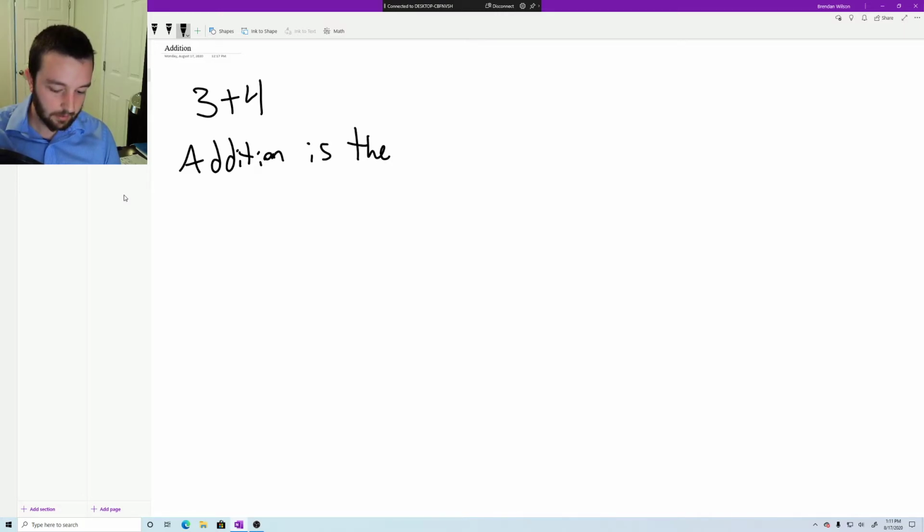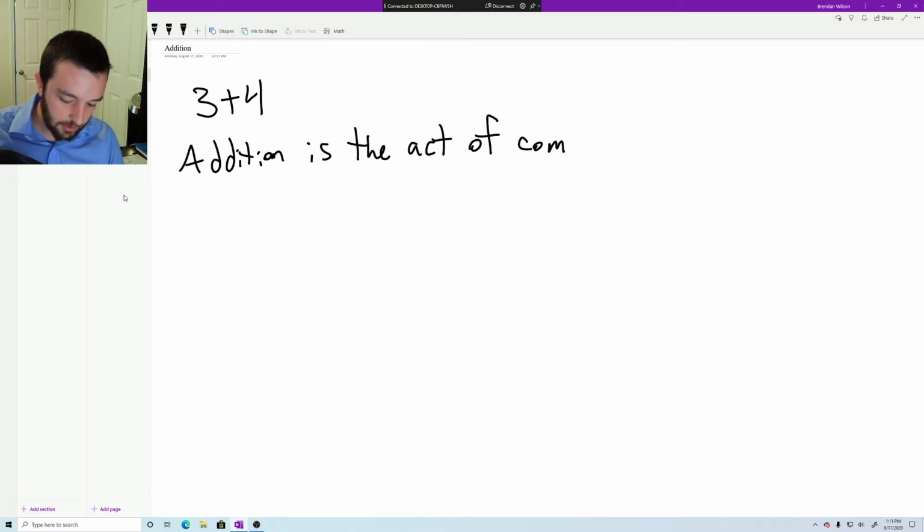Addition is the act of combining, maybe you shouldn't say combining. Again, these are my own words, not from the book.